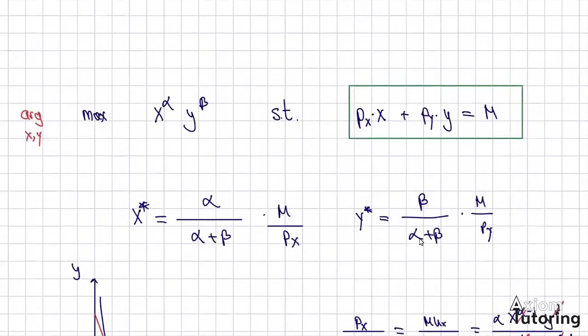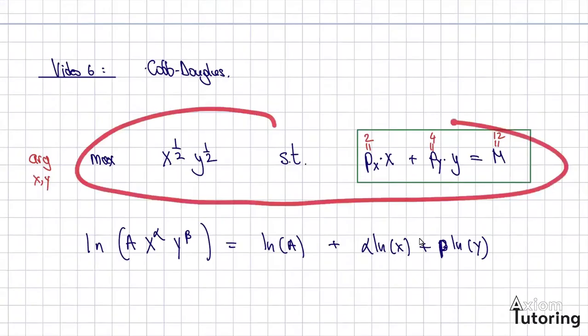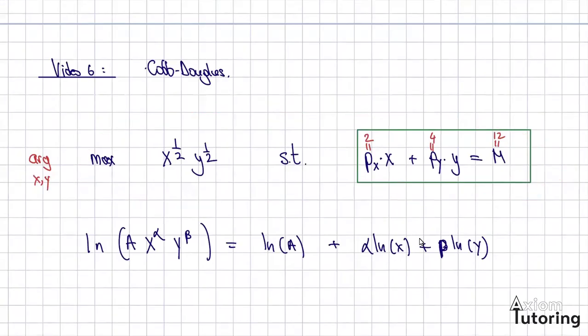If I were to go back to my original question, let's say, for example, we had prices of 2 and 4, and an income of 12. If you give me this particular Cobb-Douglas with an alpha of a half, a beta of a half, price of x of 2, price of y of 4, and income of 12, I know the answers right away.